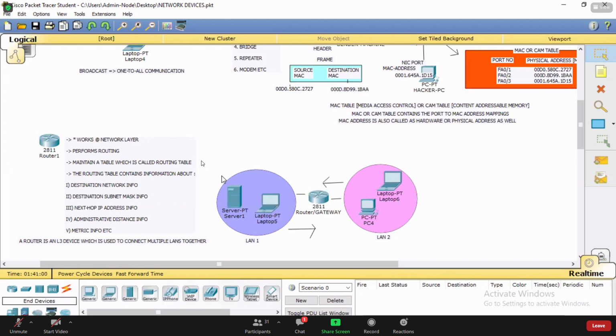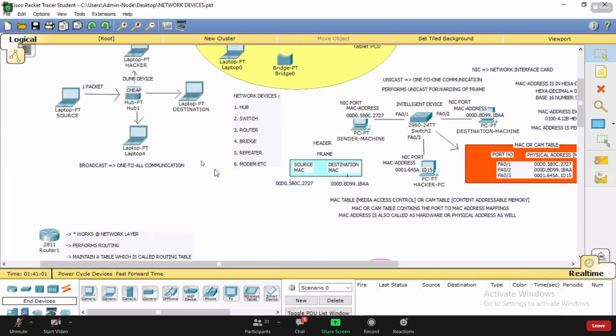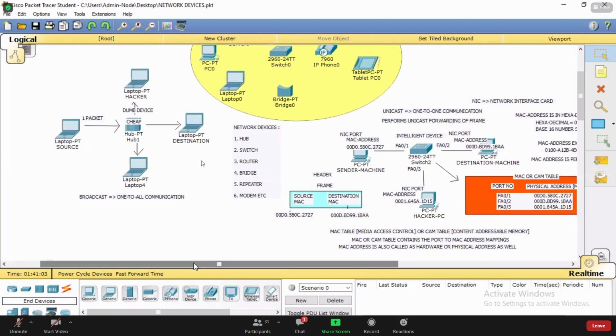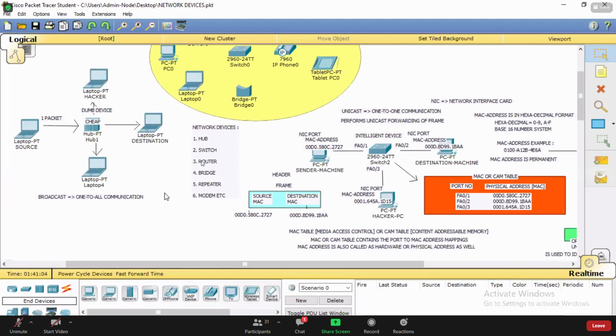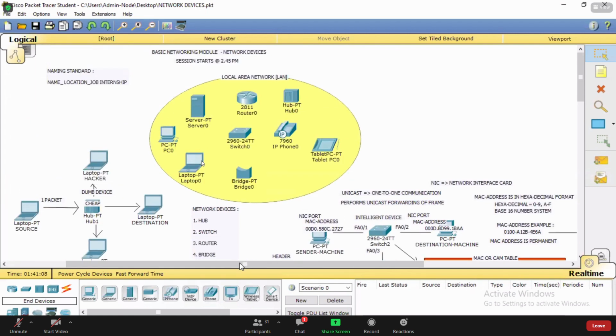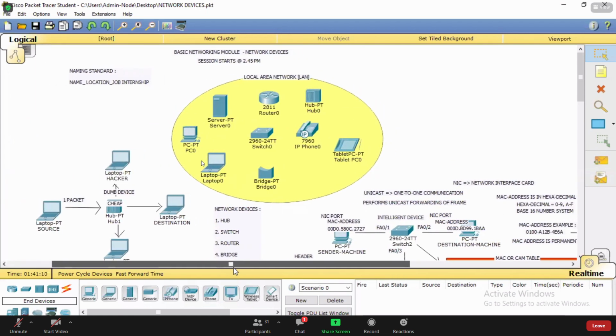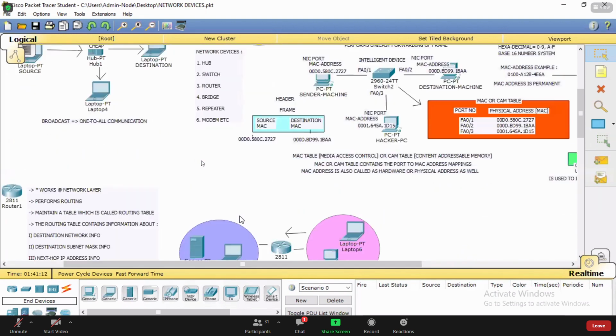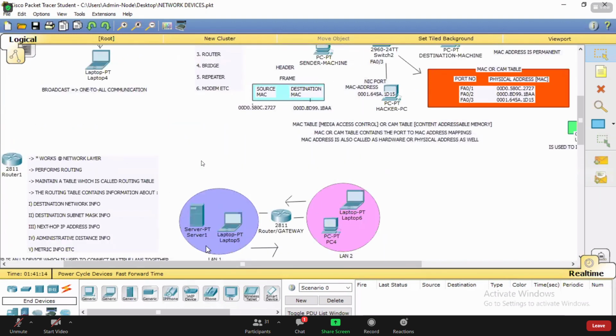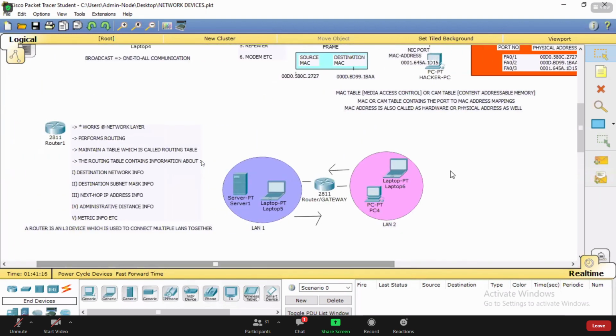This part taken? Yes, sir. Router part, one minute, sir. This is your router part. Yes, take it.